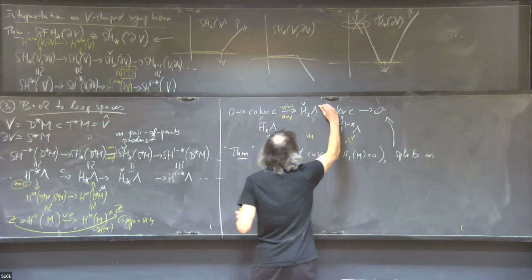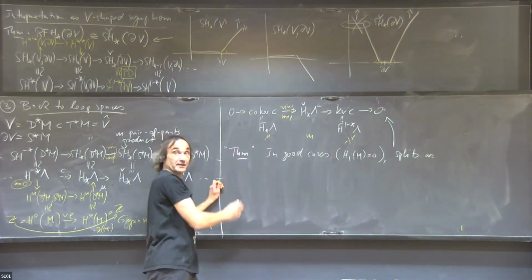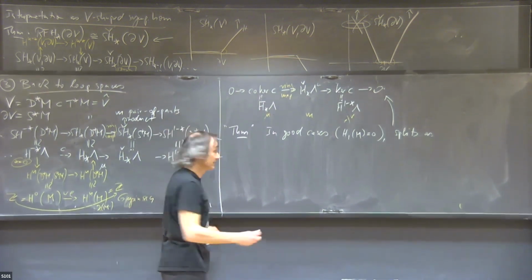So we can find the splitting map to write the middle one as a direct sum of the other ones.